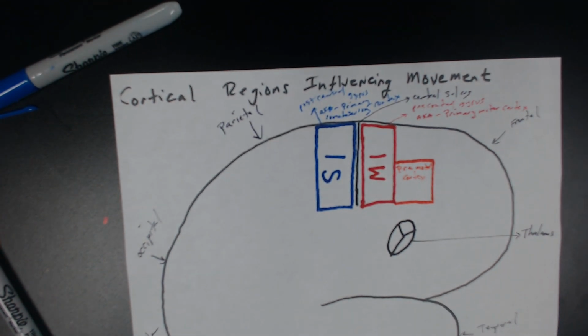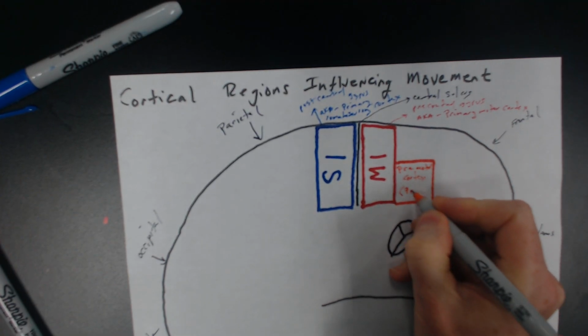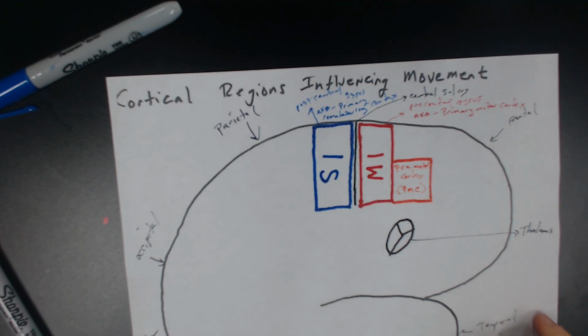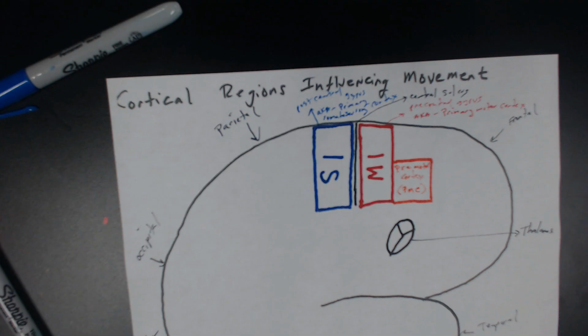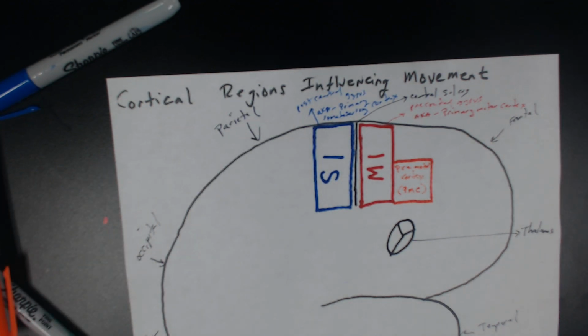Premotor, PRE, motor cortex. And we're going to abbreviate that as PMC, premotor cortex. It's located rostral to M1, primary motor cortex, and it's involved in influencing movement.